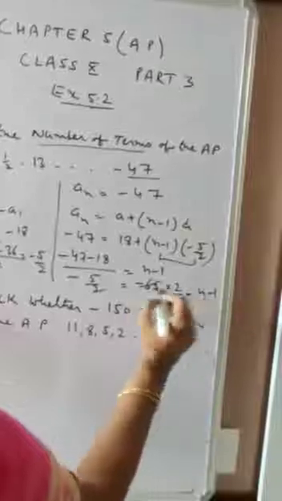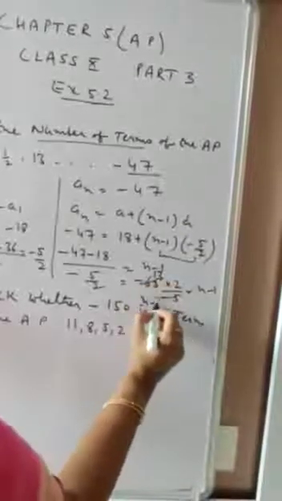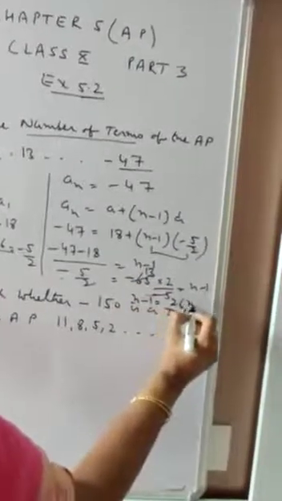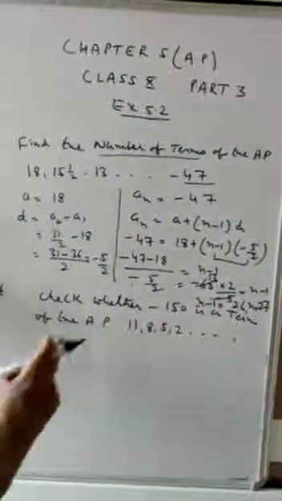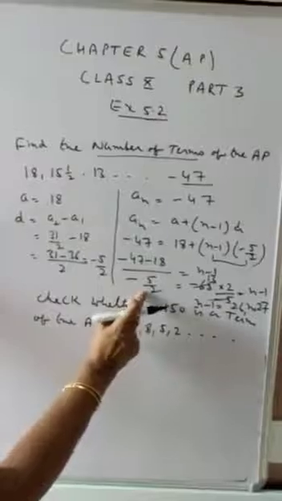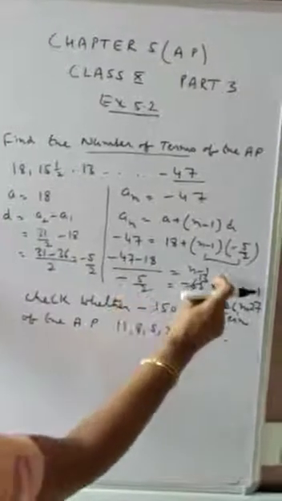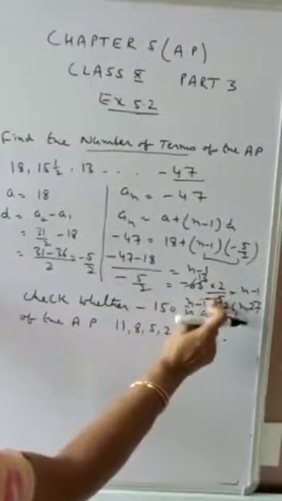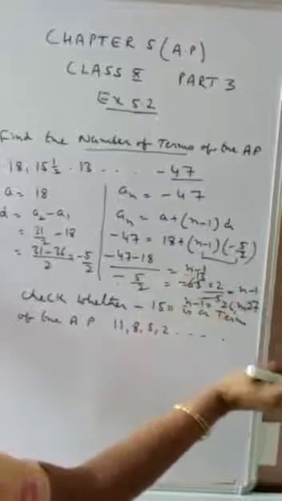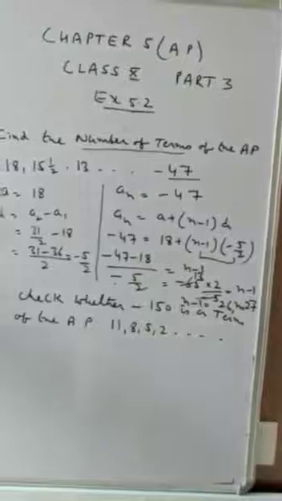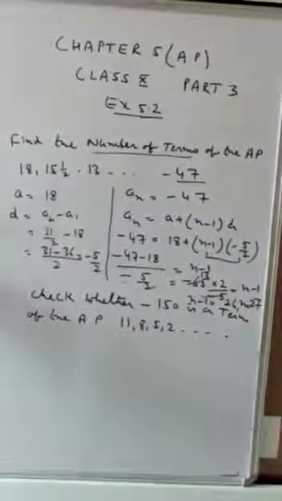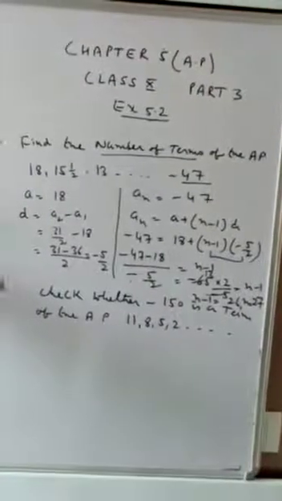So n minus 1 is 26 and n is 27. So minus 65 divided by minus 5 by 2. When it is multiplied, it becomes 2 by minus 5, 13, and 13 twos are 26 plus 1, 27. So this is the 27th term of the AP.